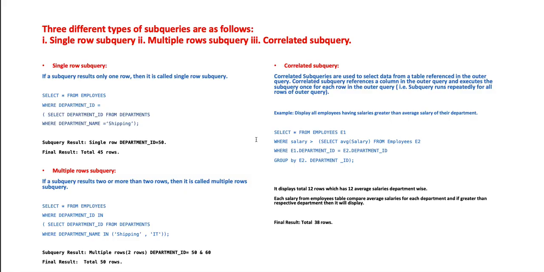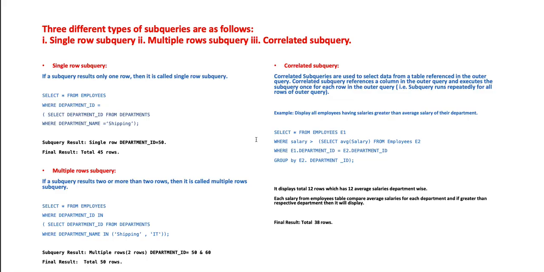Here is the example. Display all employees having salaries greater than the average salary of their department. That means we are going to create a report which displays all the employees having salaries greater than the average salary for their own department.